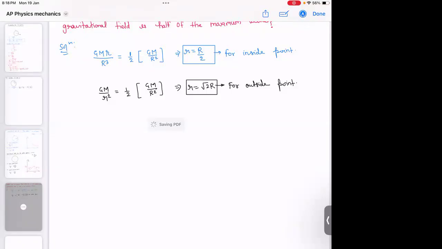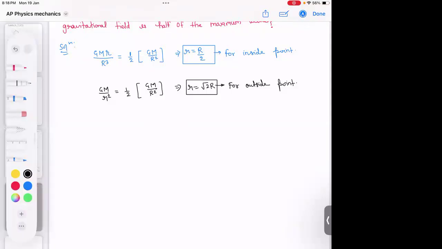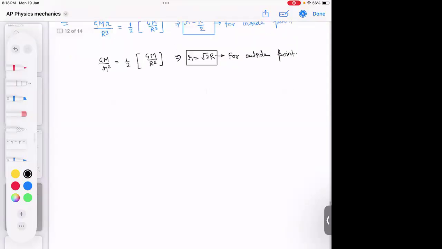Gravitational field due to hollow sphere and solid sphere. Sometime let's discuss about the orbital motion also, or satellite motion. But to learn about the satellite motion, can I discuss a little bit about the gravitational potential energy?